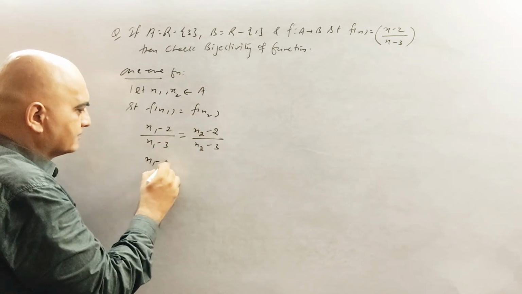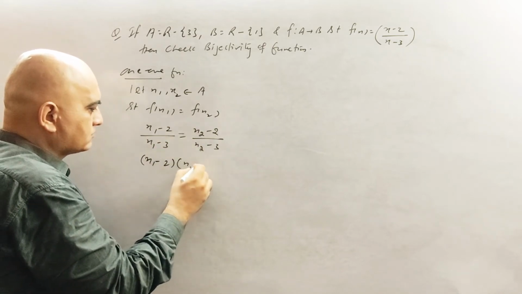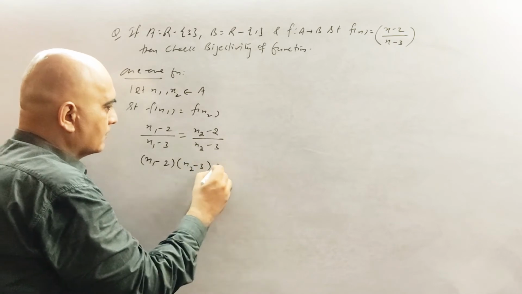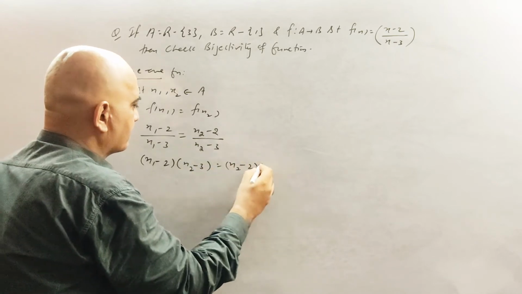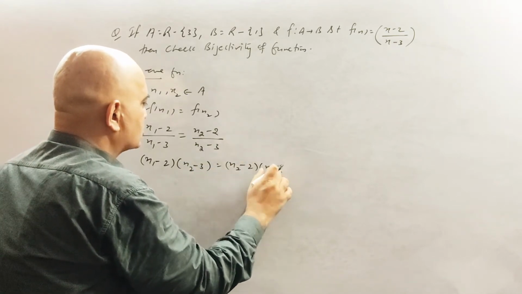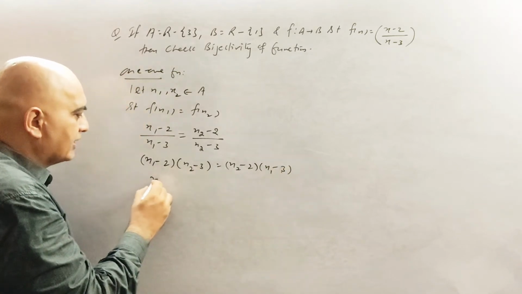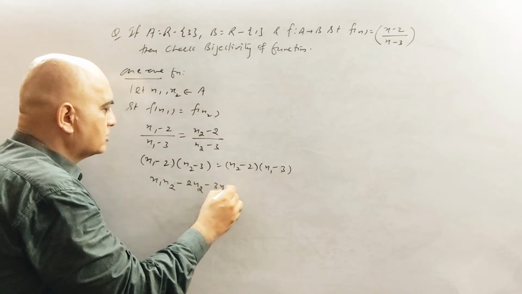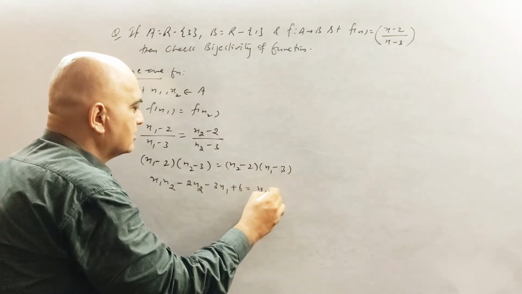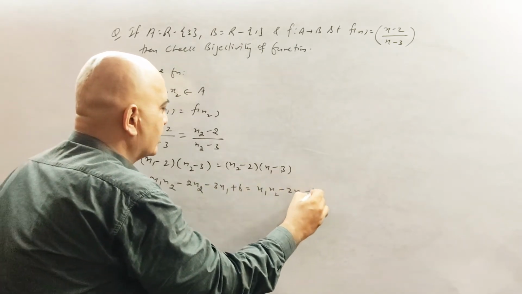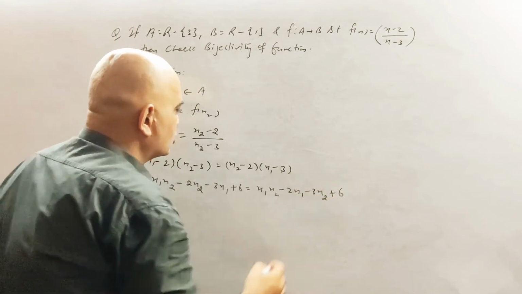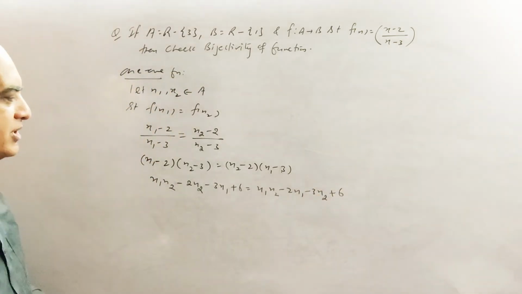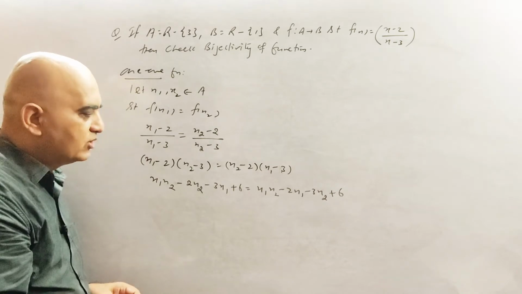After equating both, cross multiplying, (x1 minus 2)(x2 minus 3) equals (x2 minus 2)(x1 minus 3). Now multiplying, x1x2 minus 3x1 minus 2x2 plus 6 equals x1x2 minus 2x1 minus 3x2 plus 6. अब इसमें देखिए 6 जो आपका है वो कैंसिल हो रहा है.